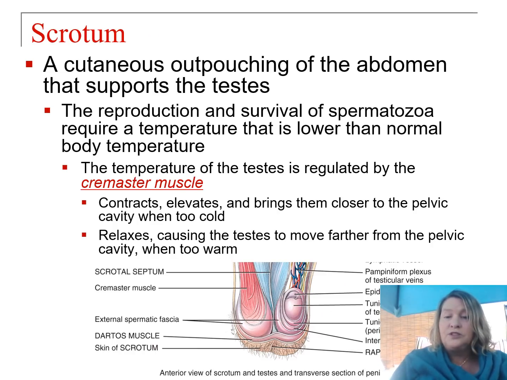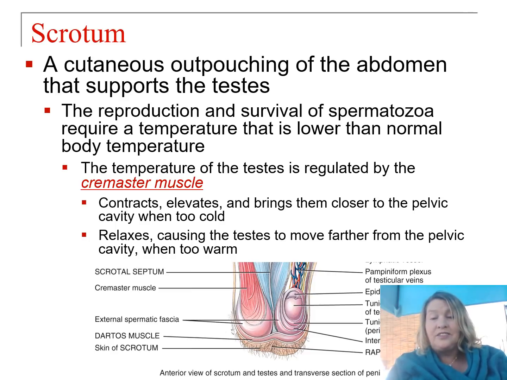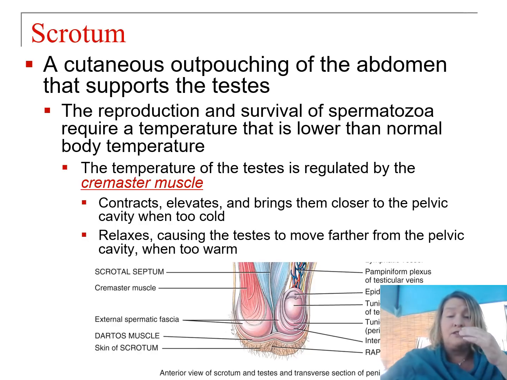Okay, let's start with the scrotum. Its main function, role, and what it is. It's basically just an outpouching of skin from the abdomen that supports and holds the testes. And the reason that this is included in the male reproductive system is for regulation of temperature. So the main regulator of temp is the cremaster muscle, which is right here, and then the muscle right there.